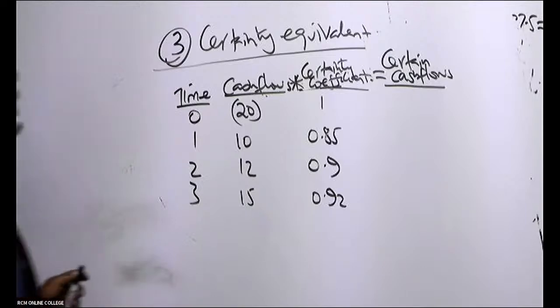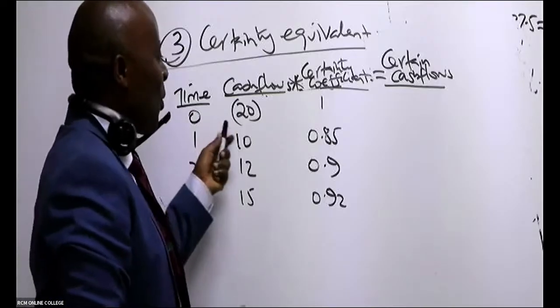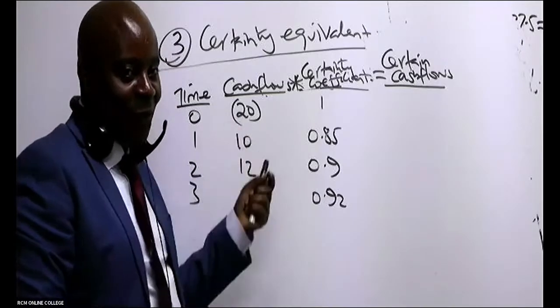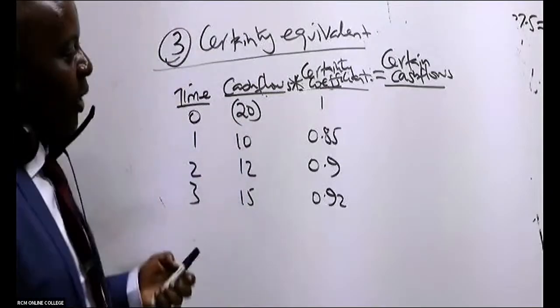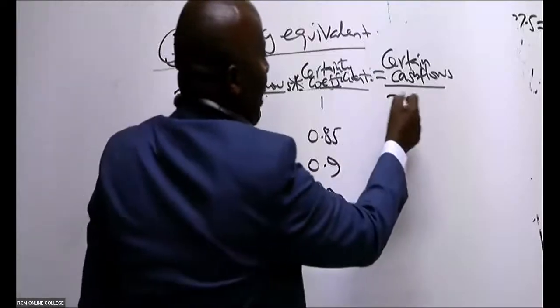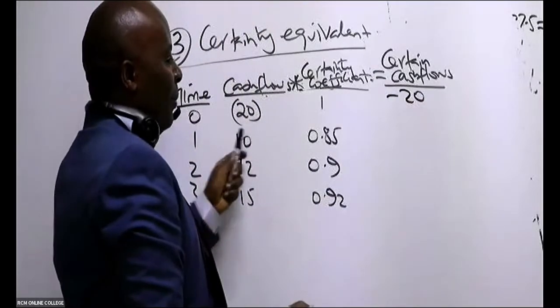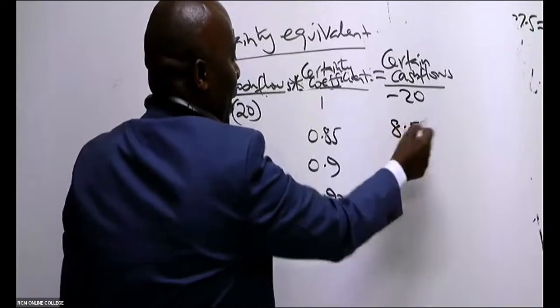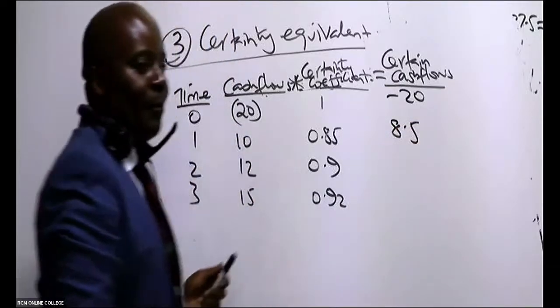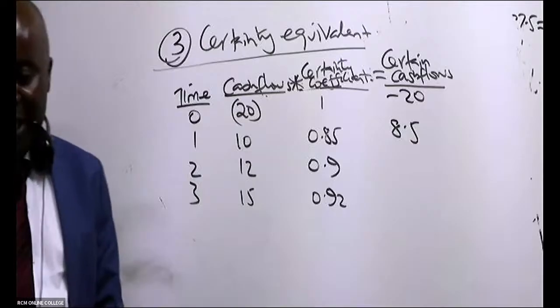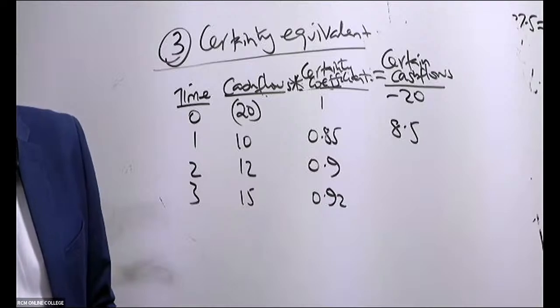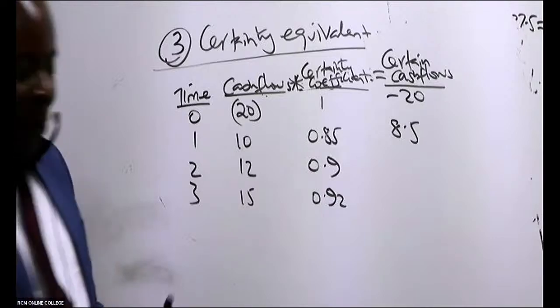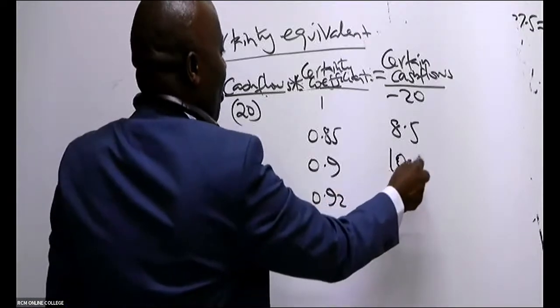So certain cash flows, what do we have here? Minus 20. Remember, at time 0 it will always be minus, because you're investing. You're buying a machine. So minus 20 times 1 gives us minus 20. 10 times 0.85 gives us what here? 8.5. 12 times 0.9 gives us 10.8.